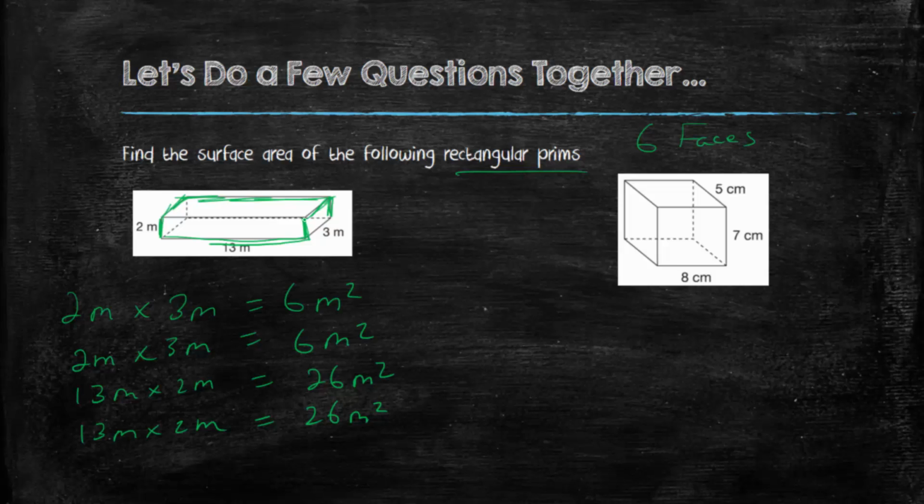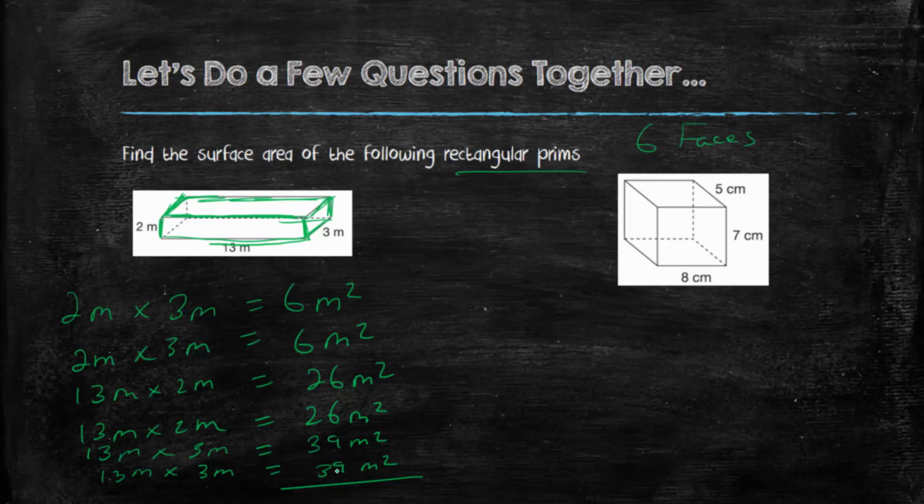And then the last one is this top face right here, and it's 13 by 3. So 13 meters by 3 meters, and that gives us 39 meters squared. And there's obviously another one, it's the bottom one. So we do this again, 13 meters times 3 meters equals another 39 meters squared.